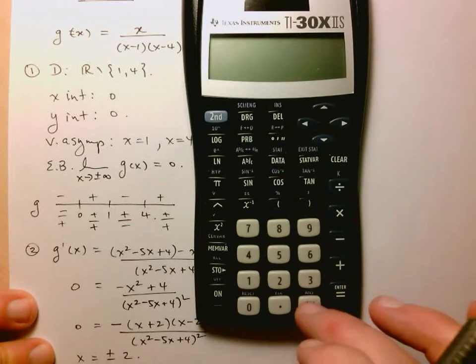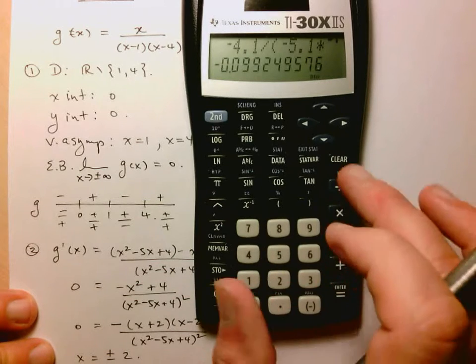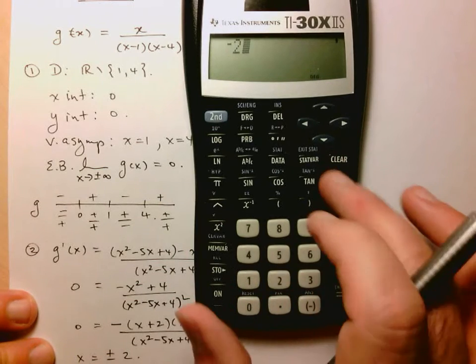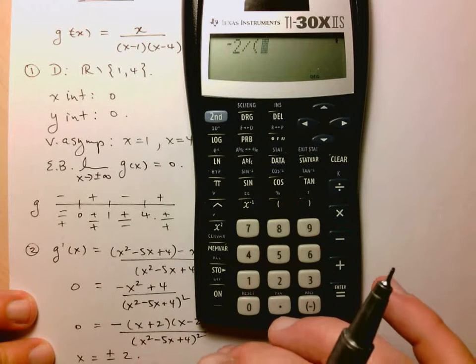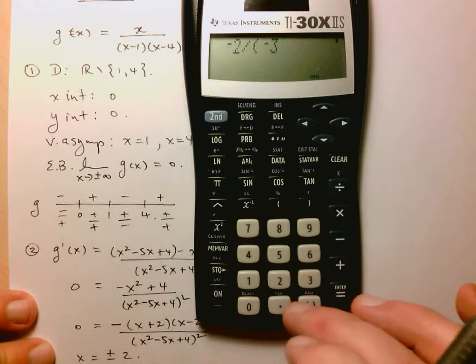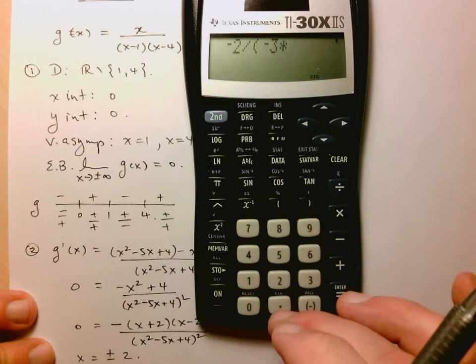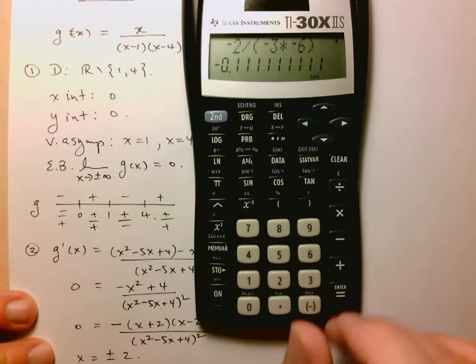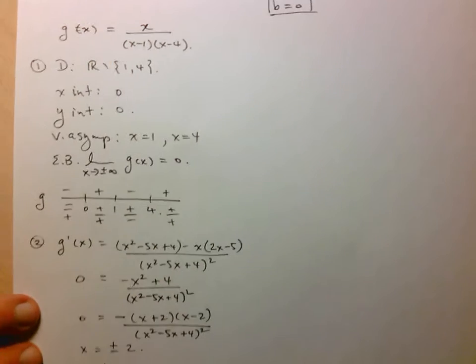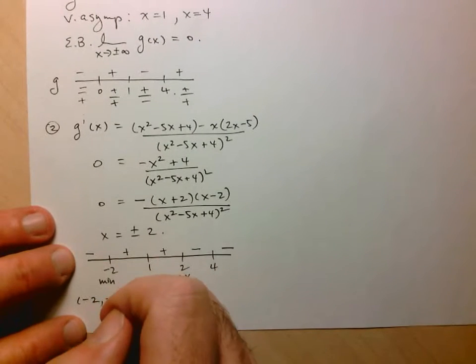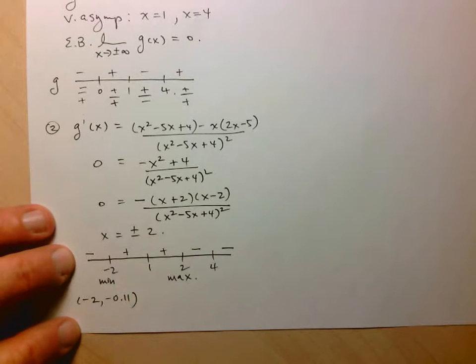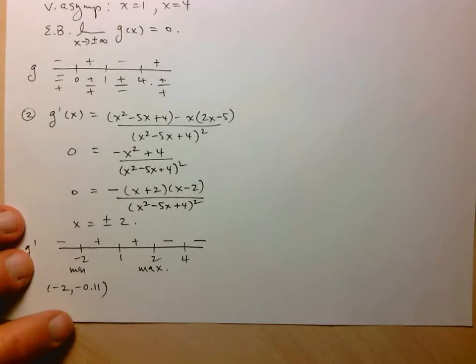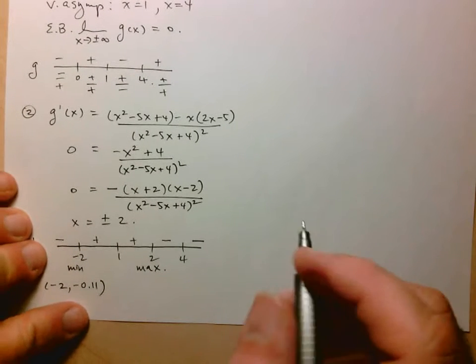When x is -2, I have -2 divided by -2 minus 1, which is -3, times -2 minus 4, which is -6. So -0.11. Notice I don't put it in fraction form, since I need to graph it. I need to know what this is as a decimal.